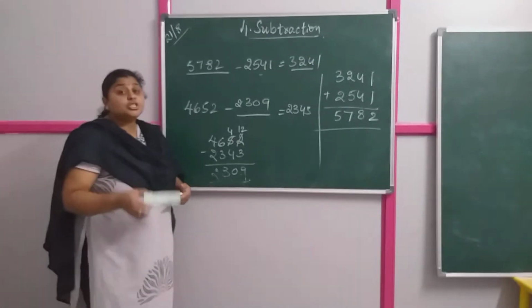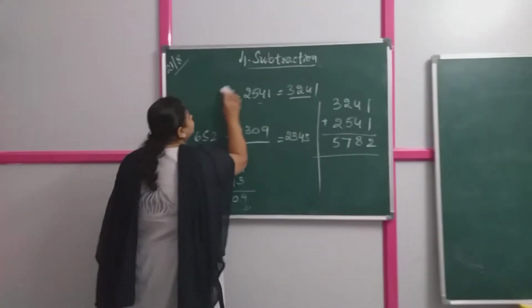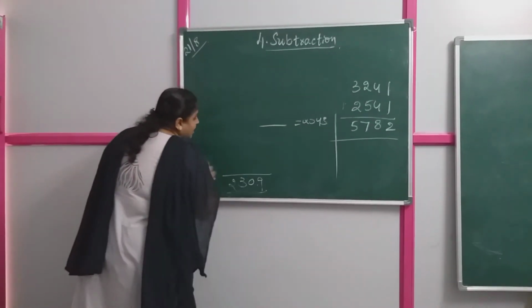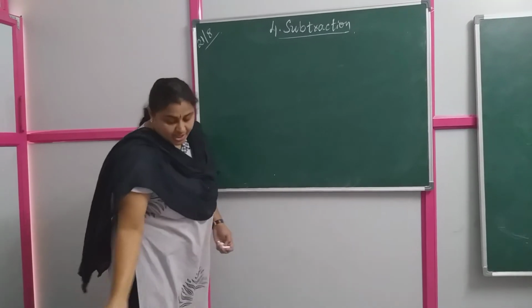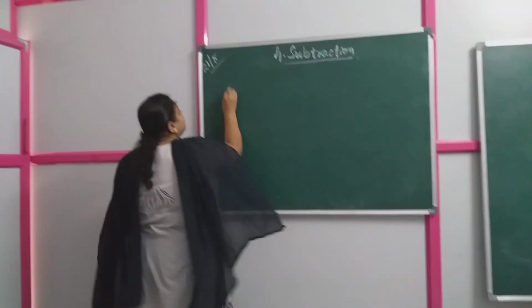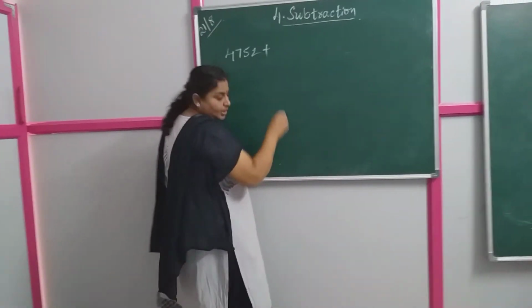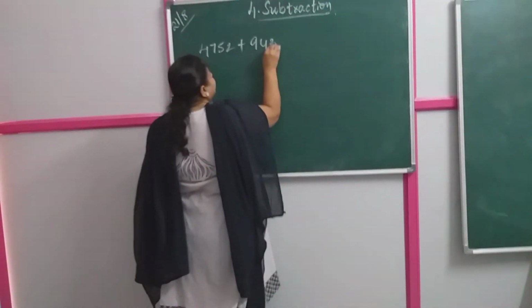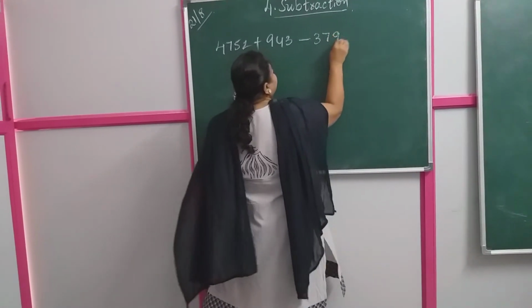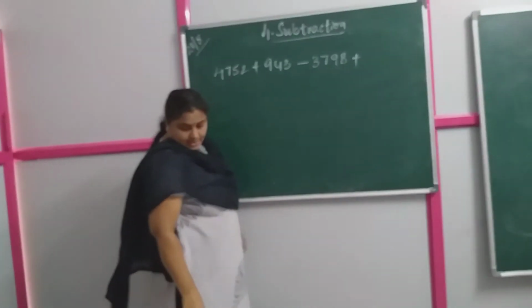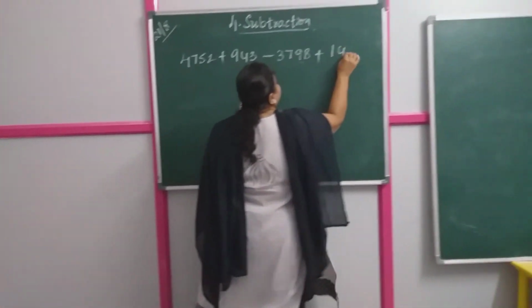Okay. Next we have two operations together, that is addition as well as subtraction. Now let us see how to solve those addition and subtraction together. I have 4752 plus 943 minus 3798 plus 1401.